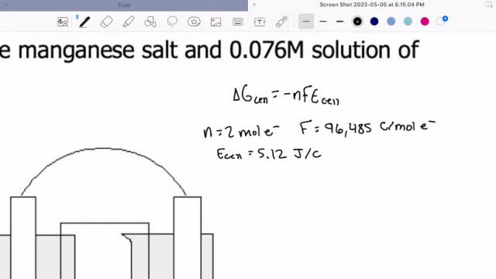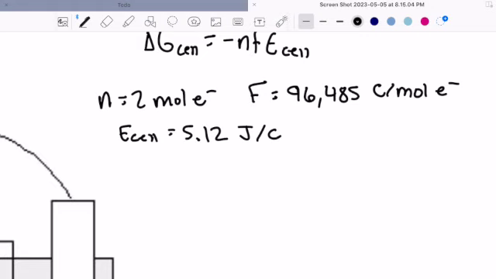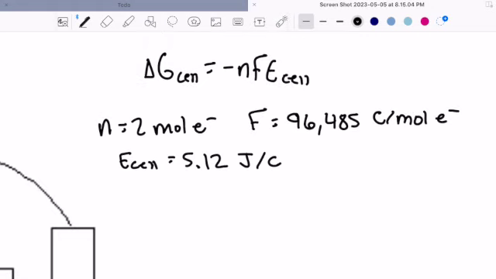And then to find the delta G, we do the exact same thing as part A. We plug it all into the equation. Delta G cell equals negative NF E cell.